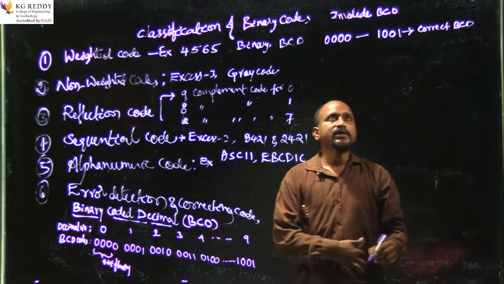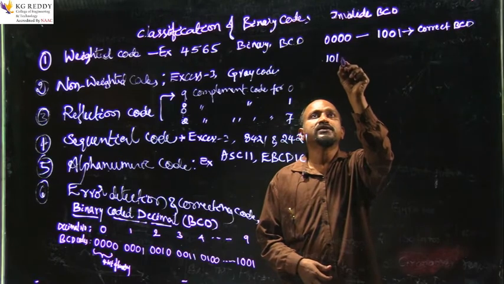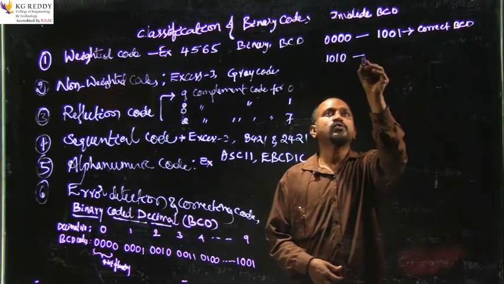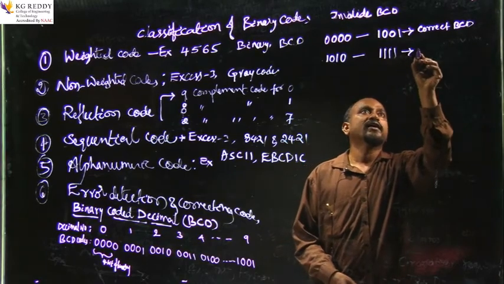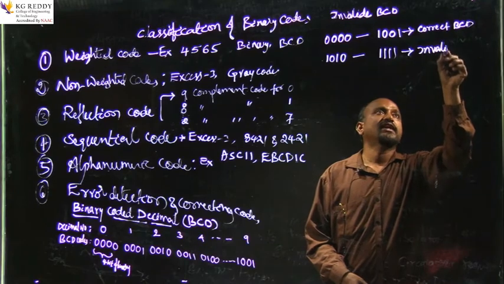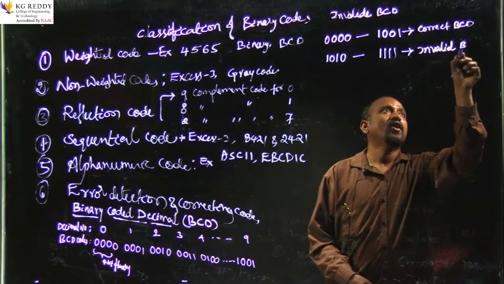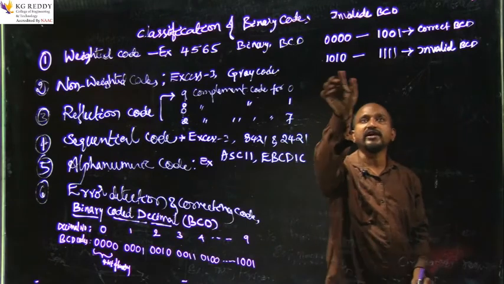From 1, 0, 1, 0 to 1, 1, 1, 1, I can call invalid BCD or incorrect BCD. Why are these invalid?